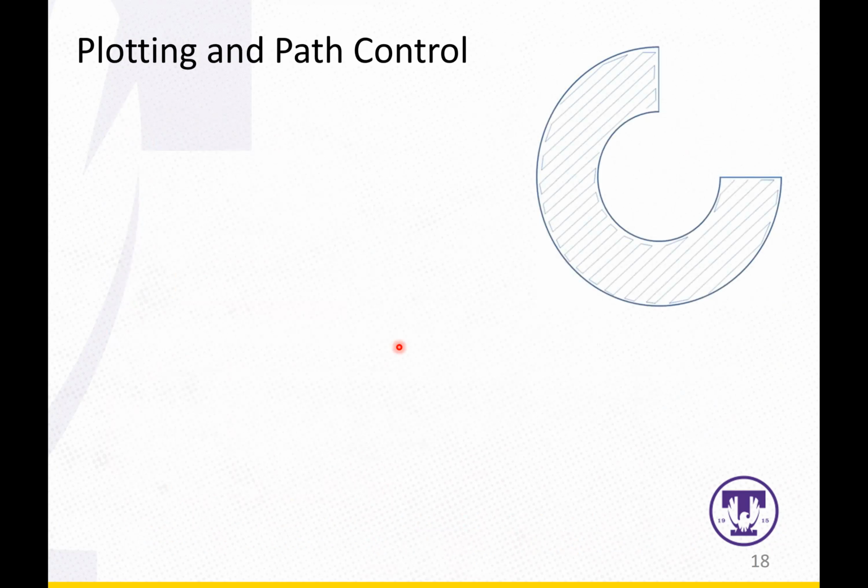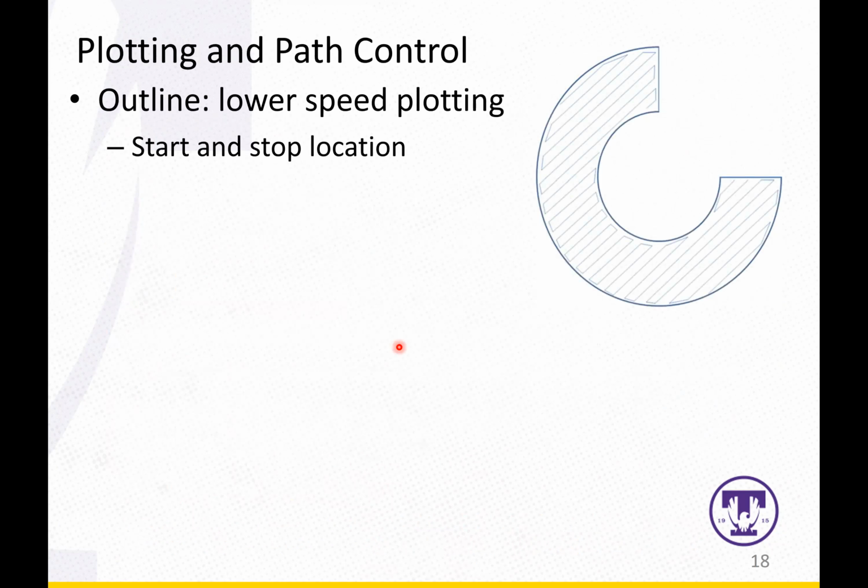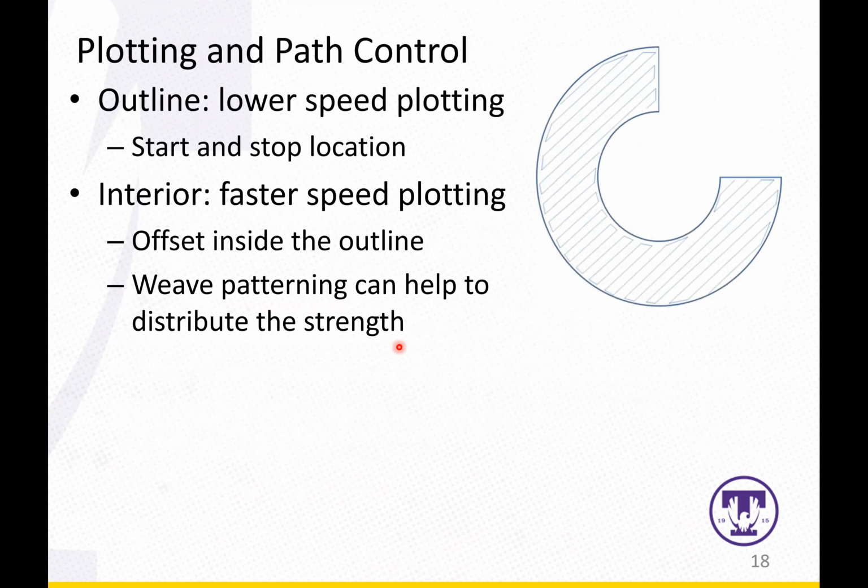So the path control is essential for the additive manufacturing printing process. As I mentioned, for the outer layer, usually lower speed is used for the plotting, and there's a stop and start location for this outer line printing. For the interior printing, it's usually faster, and basically it requires an offset inside the outline.